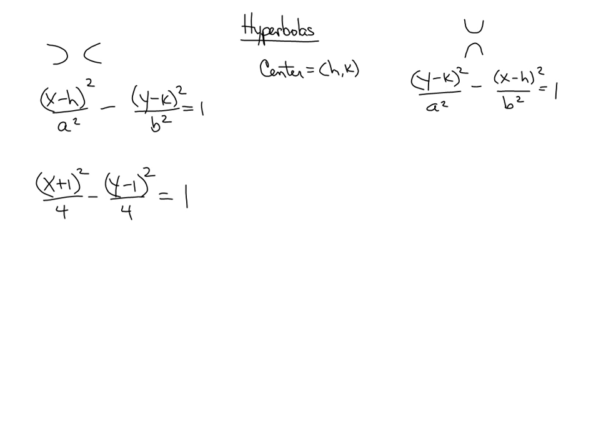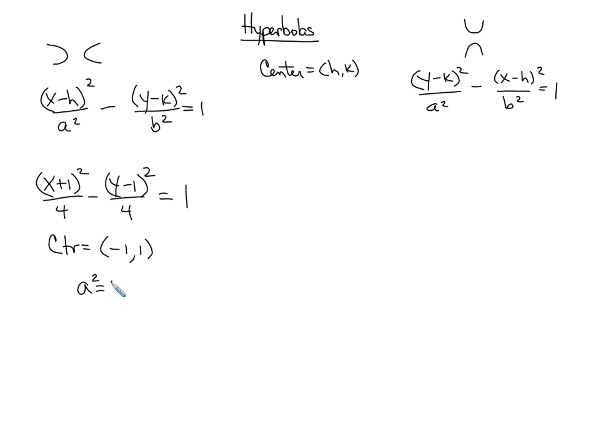Remember, A and B don't have to have any relationship size-wise. In this case, they can be the same. It's only on ellipses where A is bigger than B. What's my center? Good. Negative 1, 1. And be sure if it's written this way, guys, remember, the h has to come from the x parentheses. The y coordinate comes from the y parentheses.